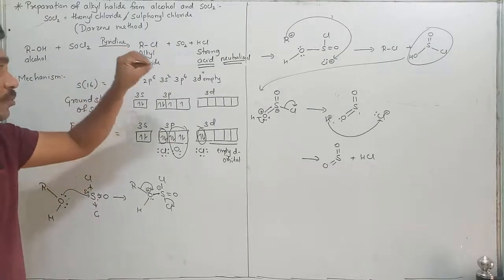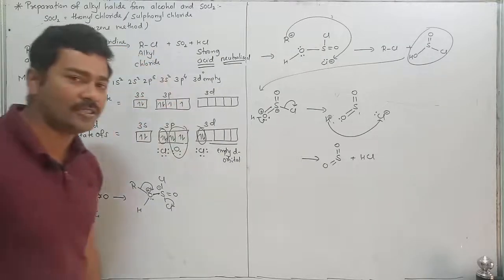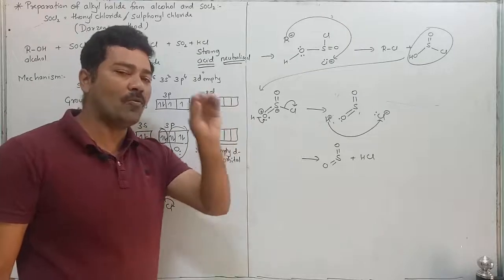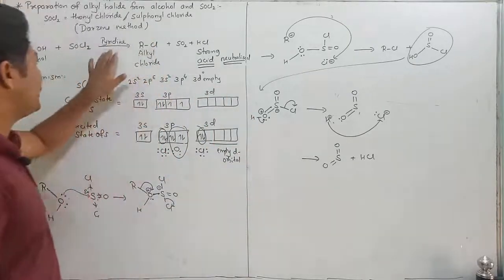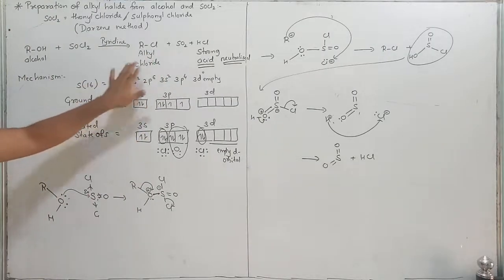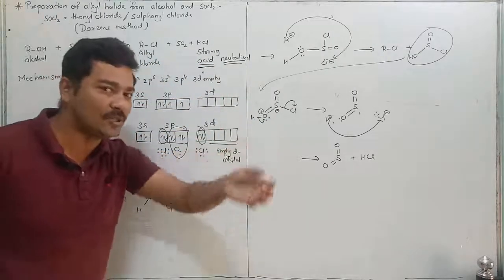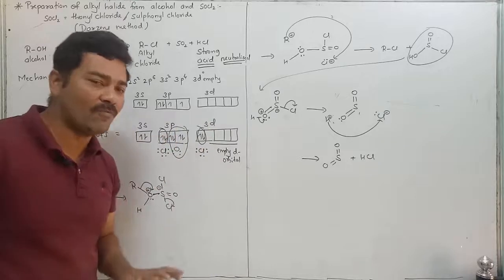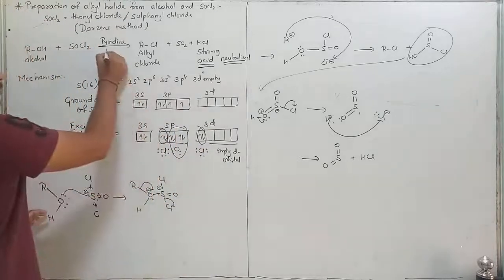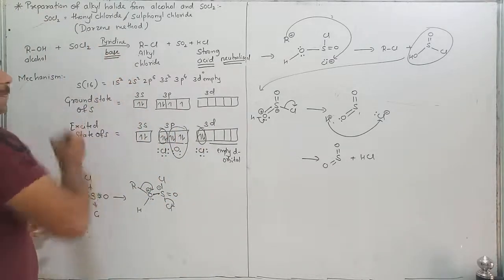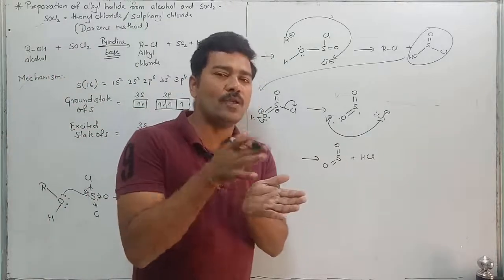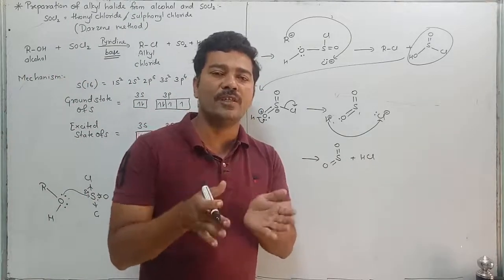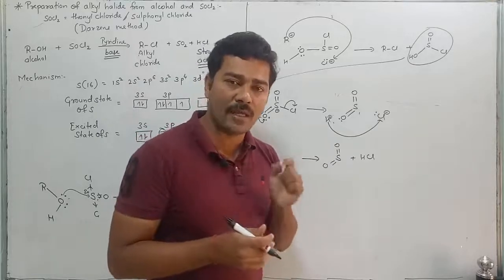So, to neutralize this HCl, we have to add pyridine at the start only. So we have kept pyridine in it at the start, due to which as much HCl is produced, it gets neutralized by pyridine, which is a base. So we have to neutralize the HCl by using which one? Pyridine, which is a base, a nitrogen containing particle.